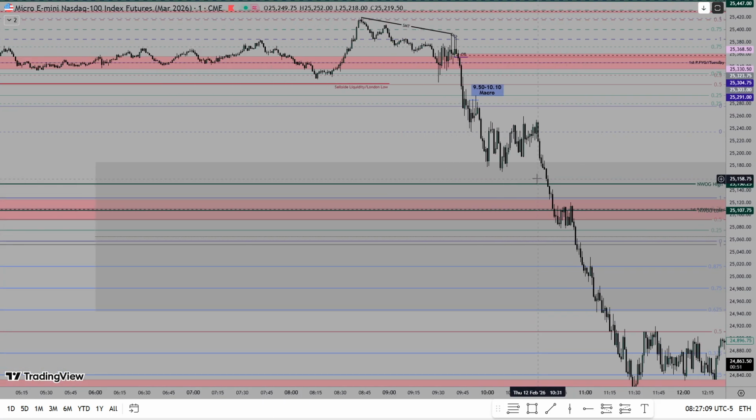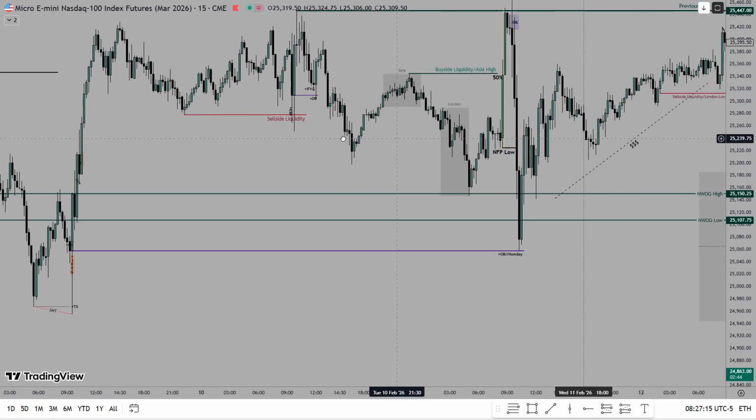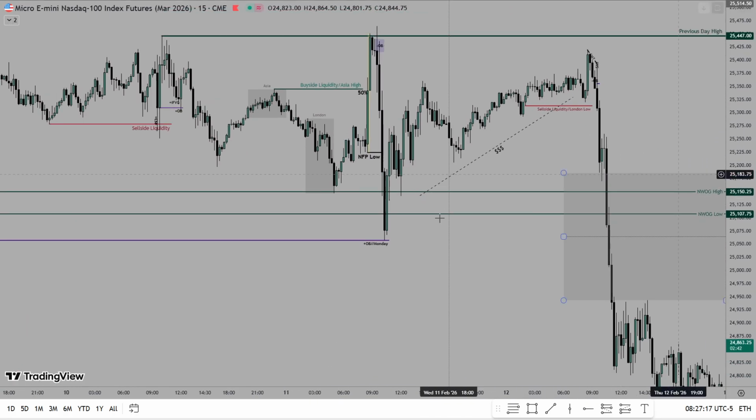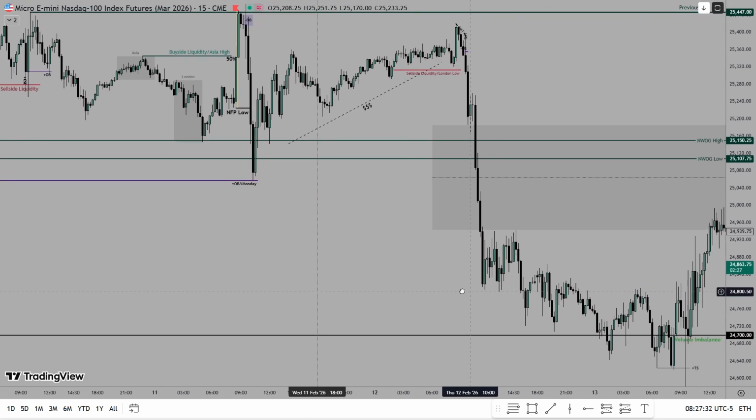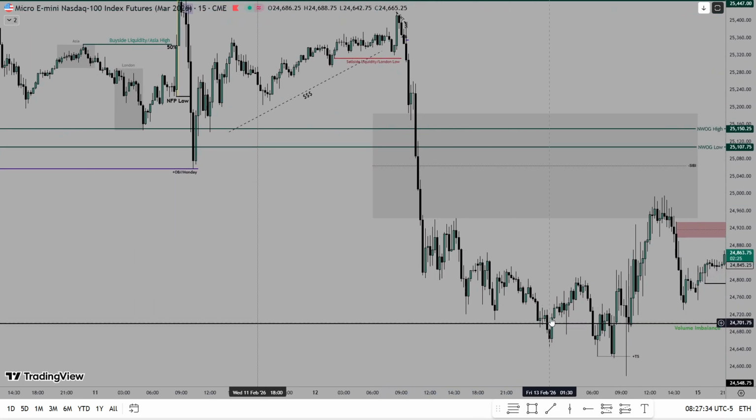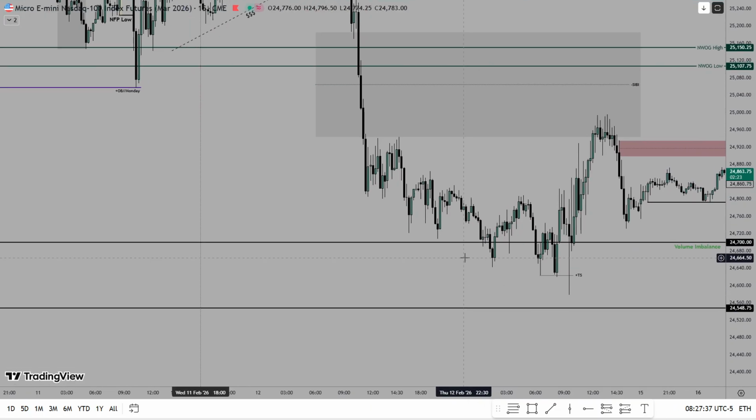I was not expecting price to trade this far, but based on the high time frame, I was looking for price to take this high, maybe this big high. But I was not expecting price to trade this much lower, and then it traded lower towards this daily volume imbalance.